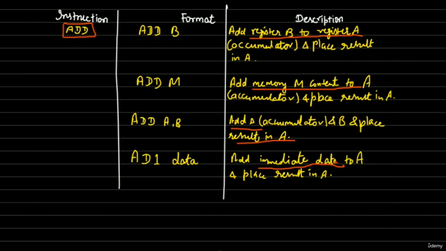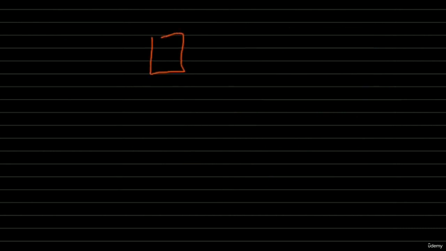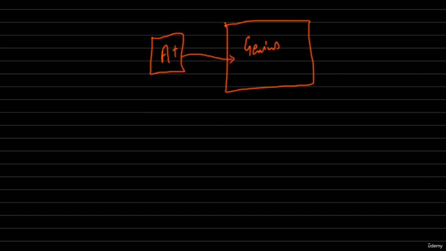In the first one, we are adding register B to register A. Imagine that you have a file whose name is A, and a folder, let's say its name is Genius. In the Genius folder, you want to place your A plus file. How do you do that? Just cut that file and paste it here, and now it's in the folder.